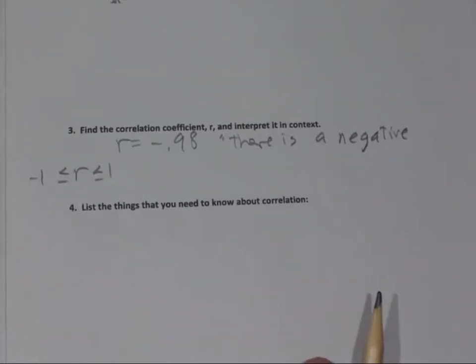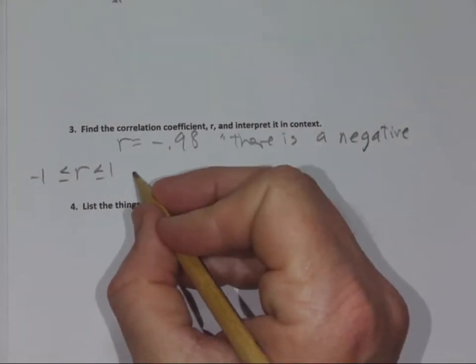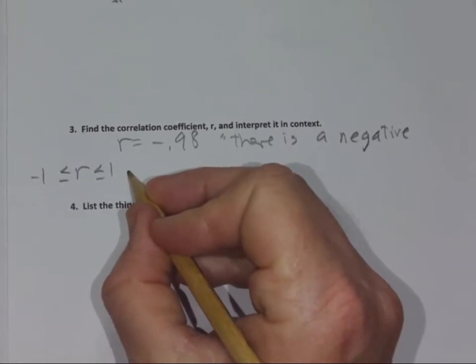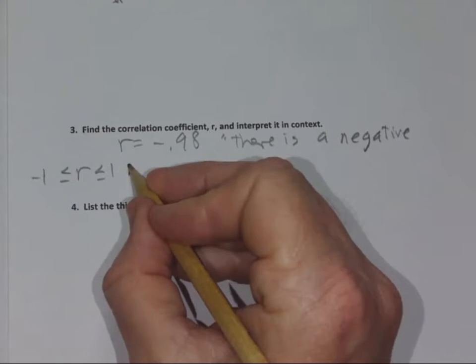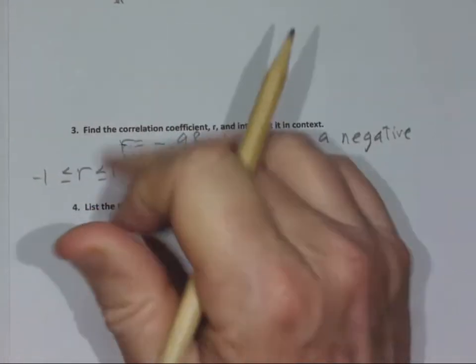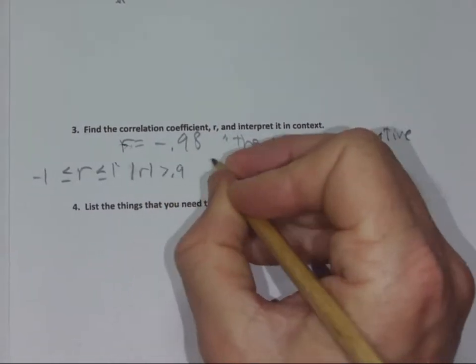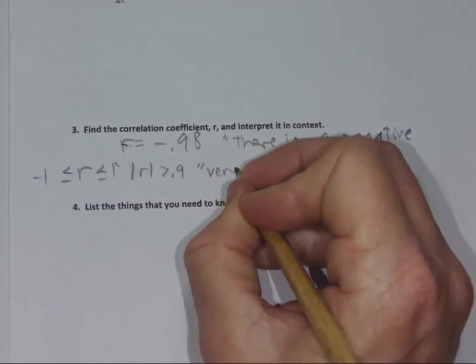All right, and here's your rule of thumb in regards to R. If the absolute value of R is greater than 0.9, we call this a very strong relationship.